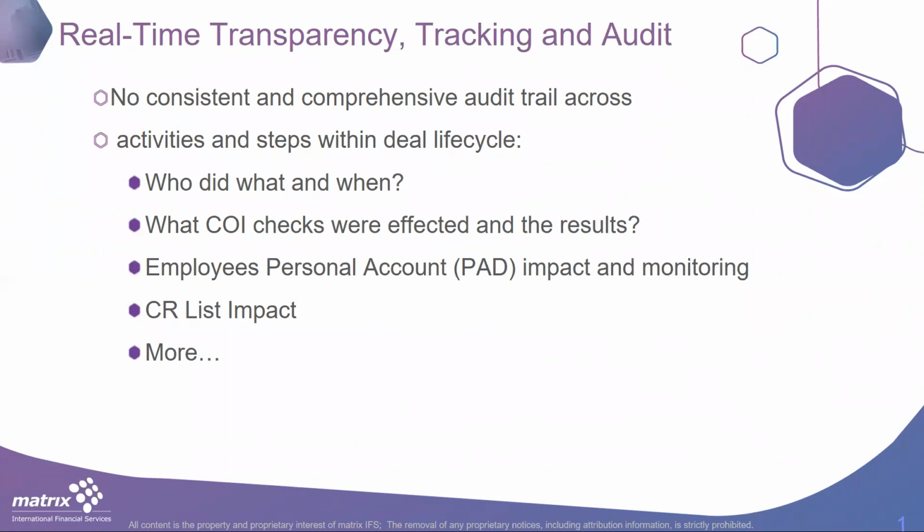Obviously, there are more and more data points associated with the audit that are very difficult to gather into a hopefully templated form, but usually the reports are done ad hoc in a very manual way.